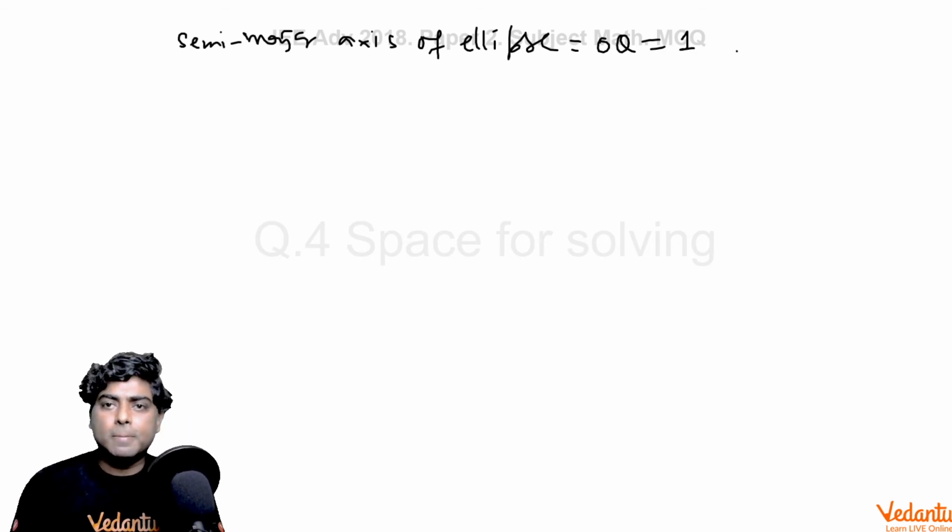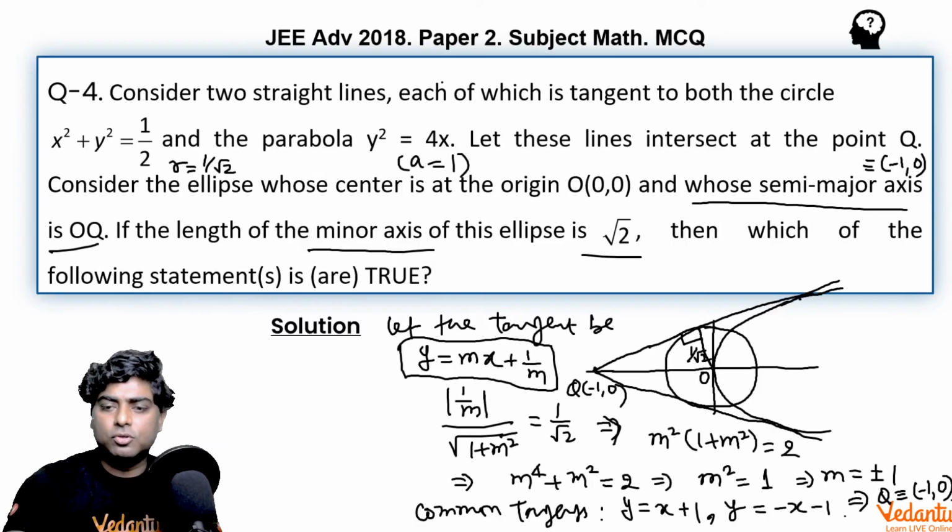So we can say the semi-major axis A is 1, and the minor axis length was given to be root 2.